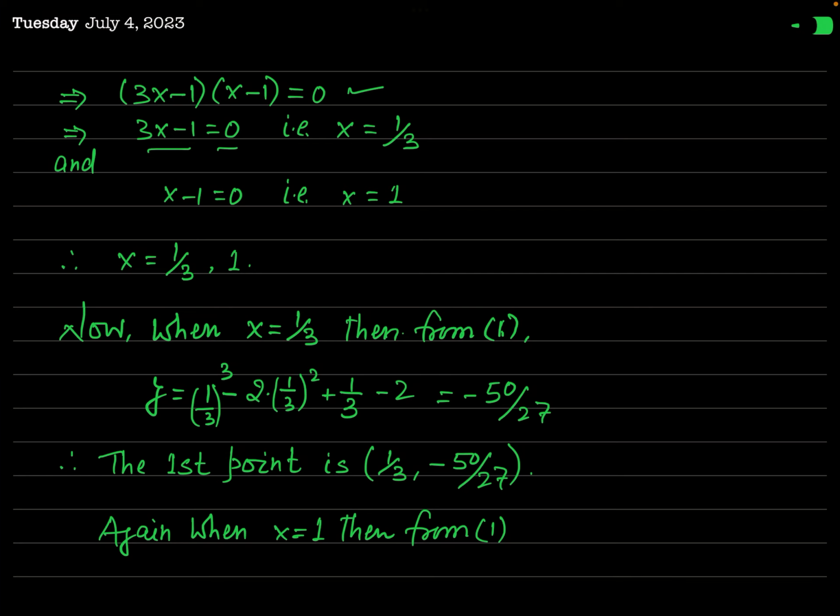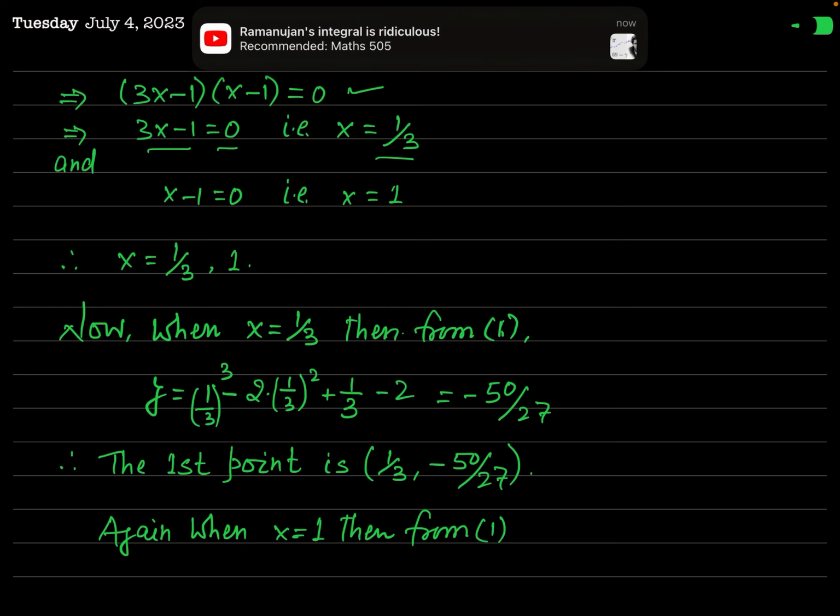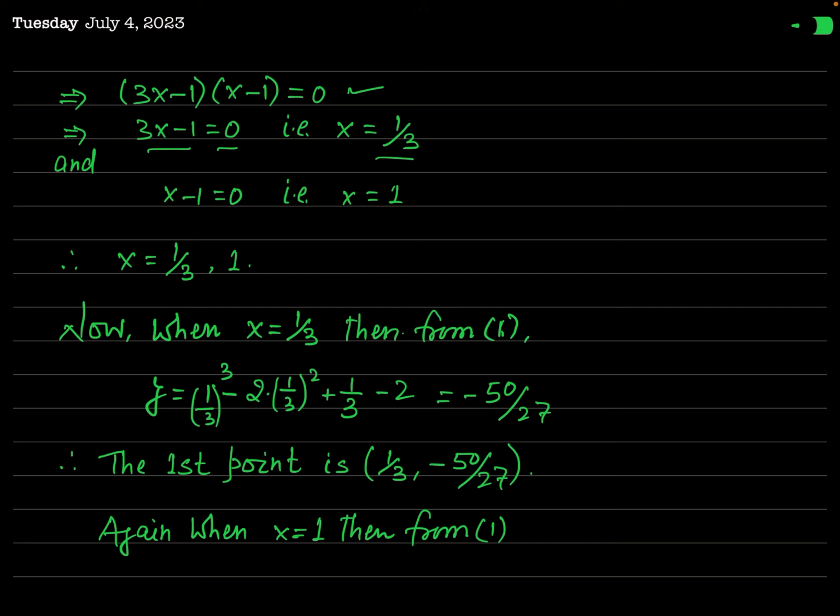So 3x minus 1 equal to 0, and so x is equal to 1 by 3. So one of the points will be that for which the x coordinate is 1 by 3. And another factor is x minus 1. So we will equate x minus 1 equal to 0, and from here we will get x equal to 1.